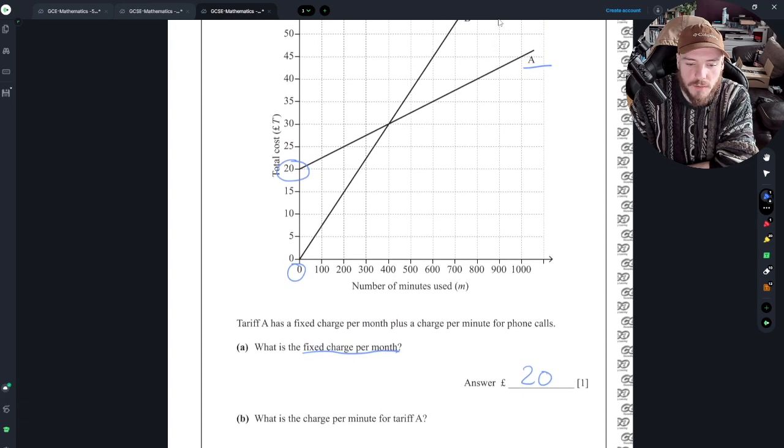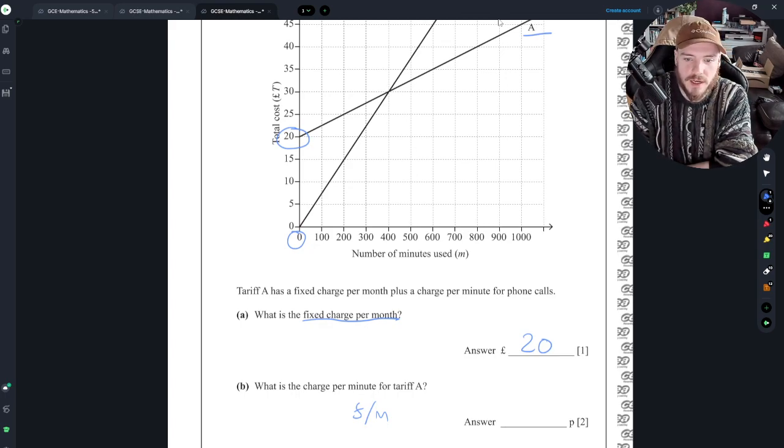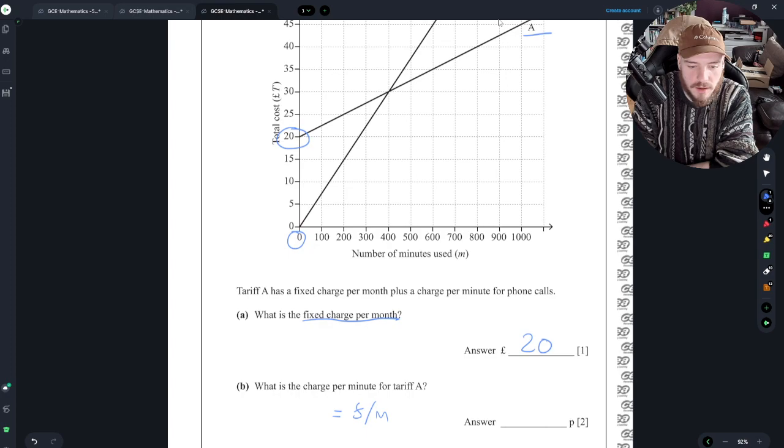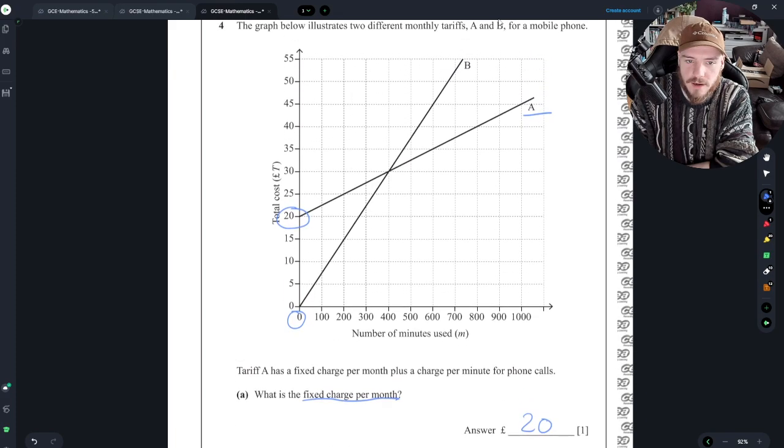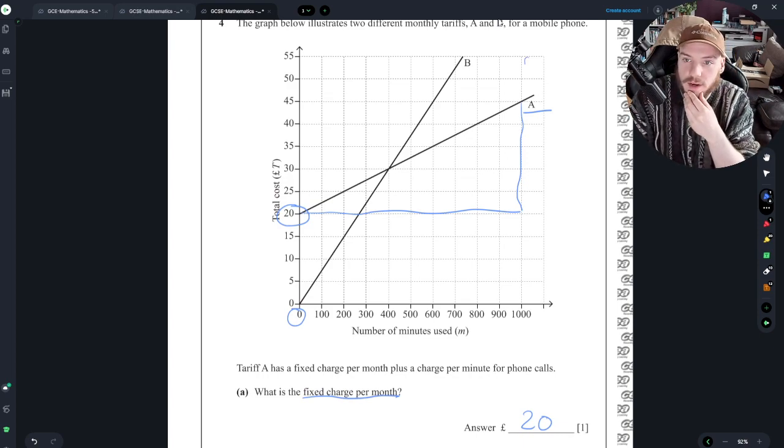Next will be the charge per minute for the tariff. The way I like to look at this is charge per minute. If we look, we've got cost here and minutes, so essentially it's our gradient, the gradient of our line. So our gradient G is equal to rise over run.